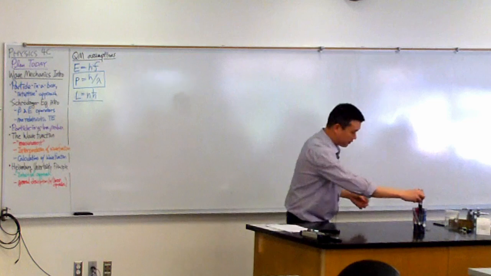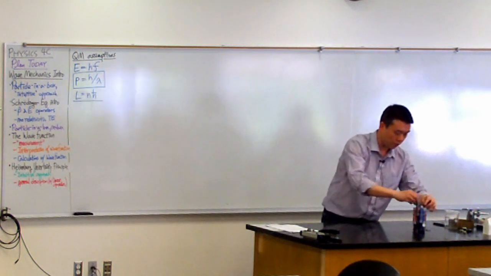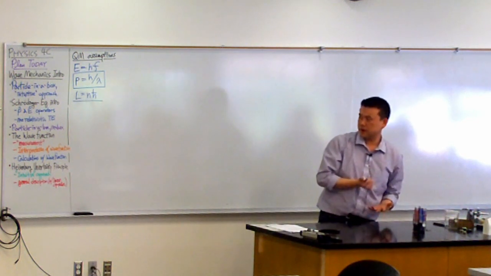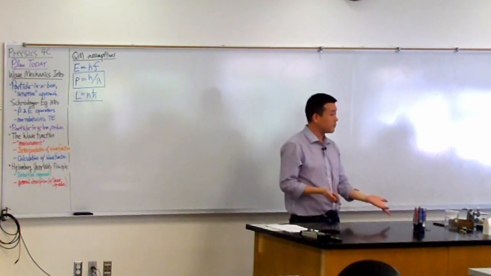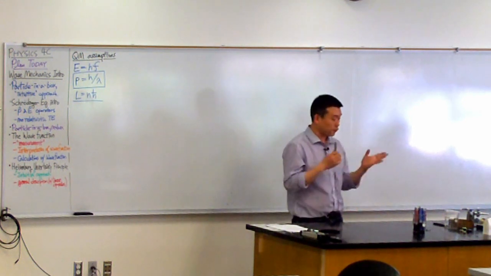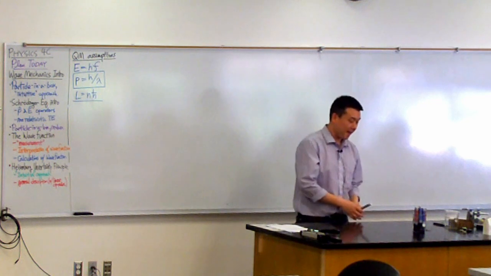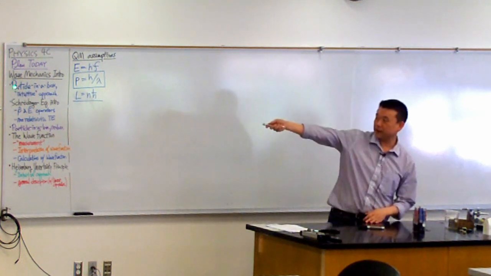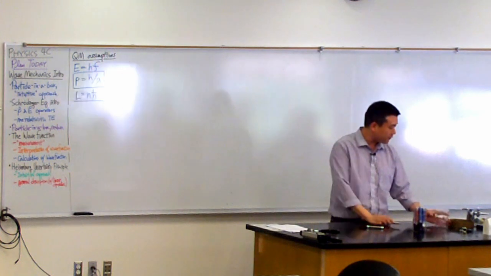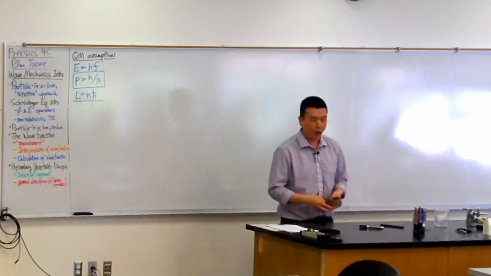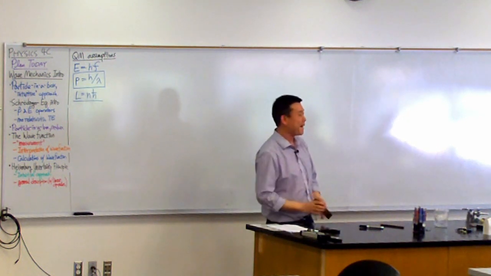So what I want to do now, take a bit of time to go through, is an analysis of the simplest possible quantum mechanical system one could possibly imagine. And that's what's called particle in a box. There are different ways to visualize it, all of which will be wrong.